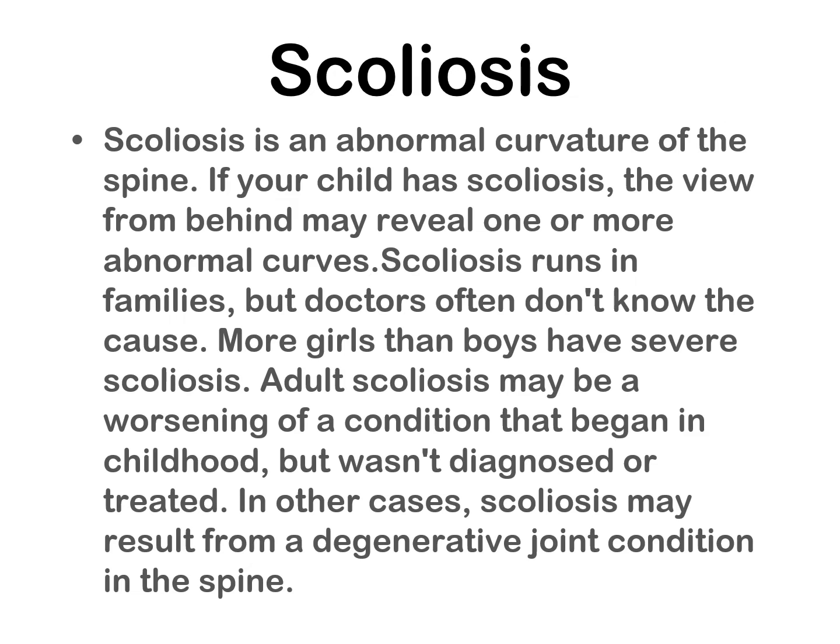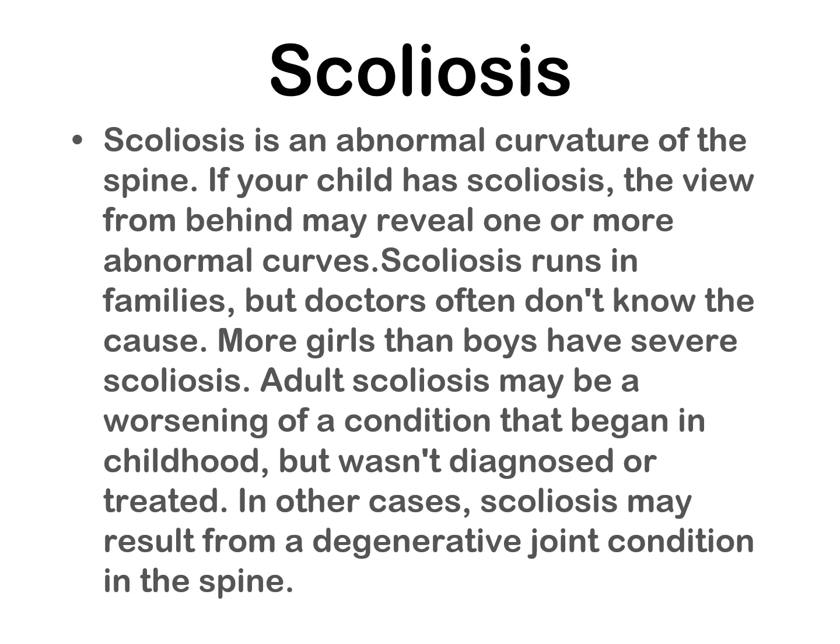Scoliosis. Scoliosis is abnormal curvature of the spine. If your child has scoliosis, the view from behind may reveal one or more abnormal curves. Scoliosis runs in families, but doctors often don't know the cause. More girls than boys have severe scoliosis.